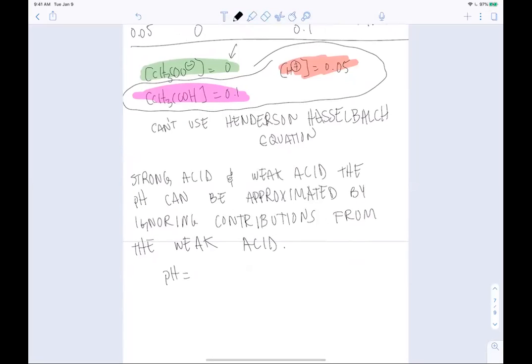So we'd say our pH is going to be equal to the negative log of 0.05. So just plugging in this value from up here, and ignoring the contributions from acetic acid, it's going to be about 1.3. You can go through and calculate the contribution of acetic acid if you wanted to, but it's going to be small and probably insignificant.